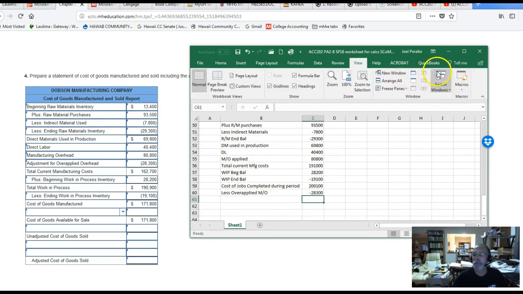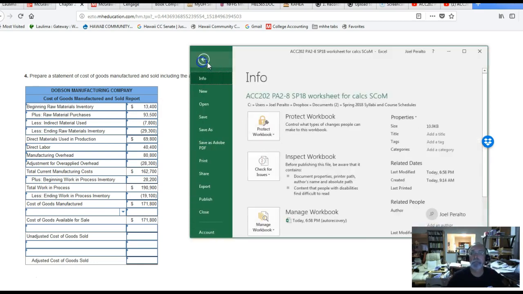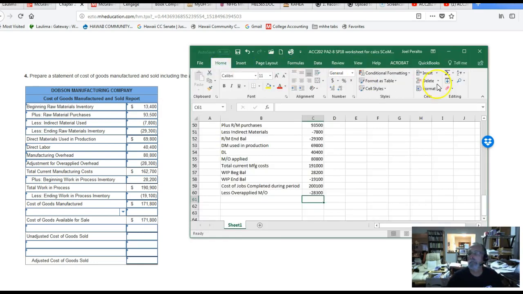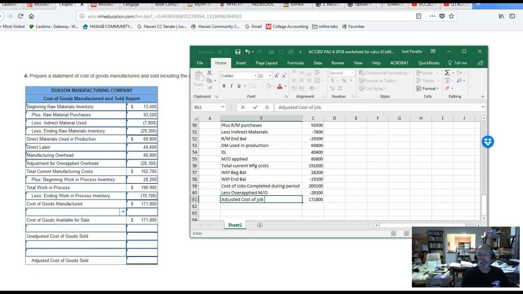And then if we take a total there, our total should be the same, and it is 171.8. So I'm going to call this adjusted cost of jobs completed during period.